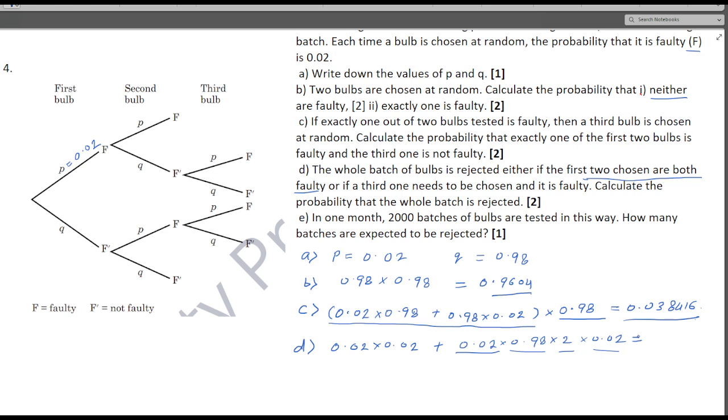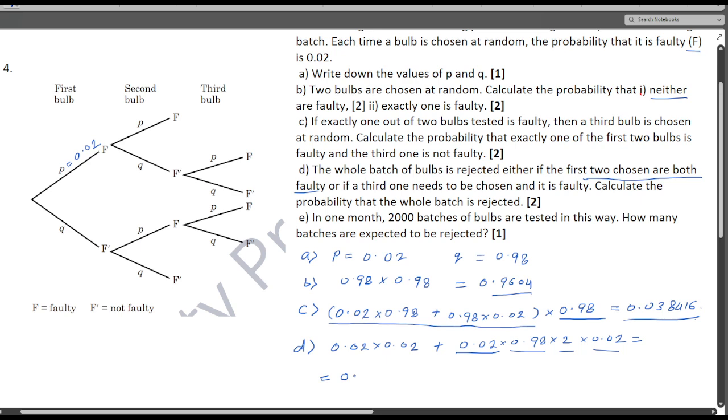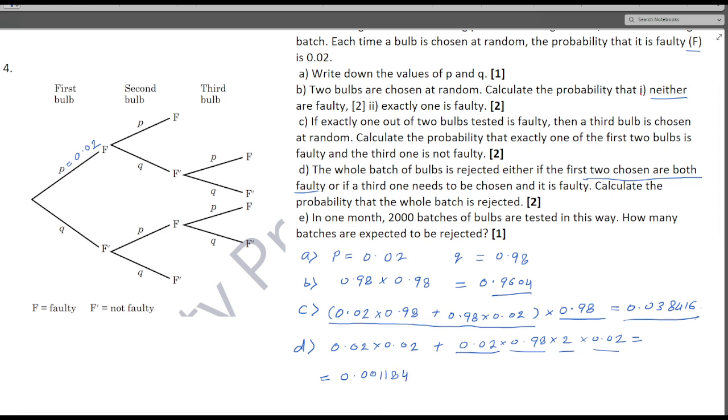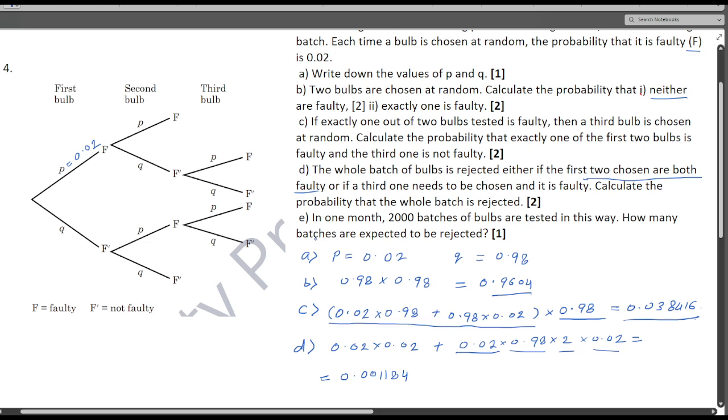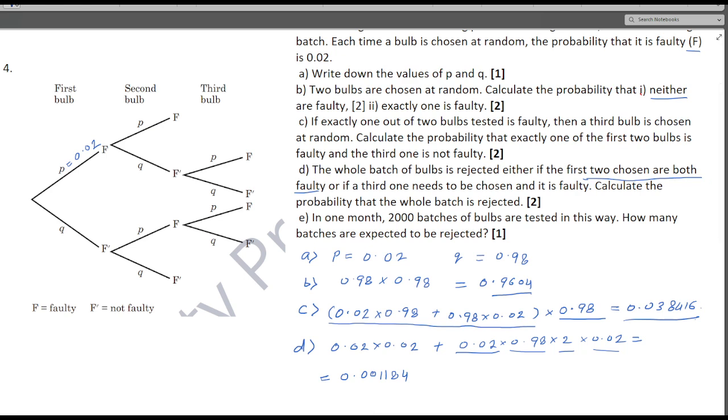So here your result is 0.001184. This is a very rare possibility. This is the possibility that you will reject the batch of bulbs, that the whole batch is rejected.